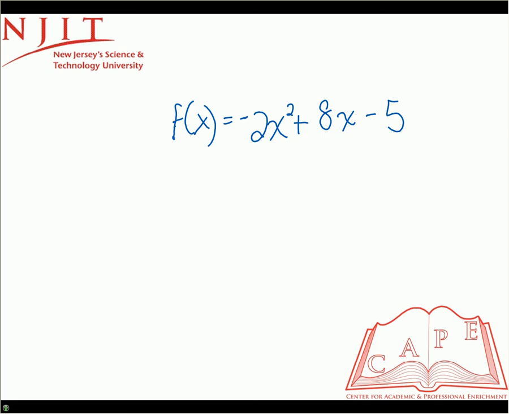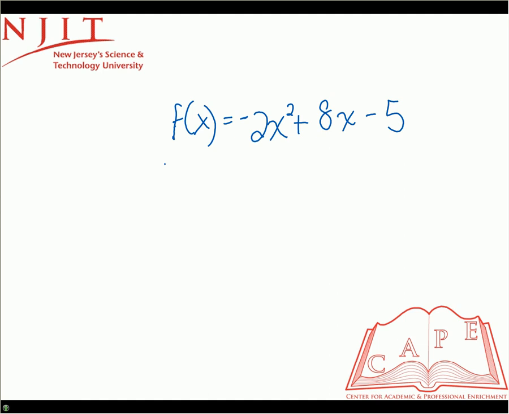So let's do that. Now as you remember, the first term, in this case the x squared, has to have a coefficient of 1. So we need to divide everything by 2, or negative 2 in this case.